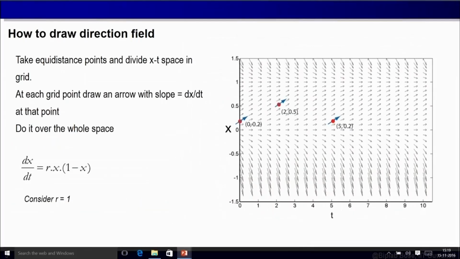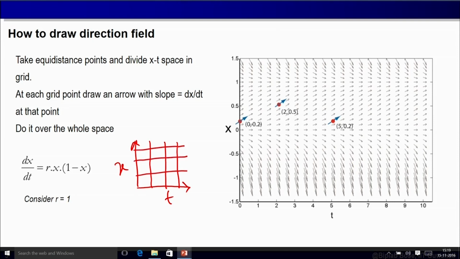I can extend this further. What I can do is divide the whole space of x and t, suppose this is my space x and t, and I can divide it into equal grids like this.